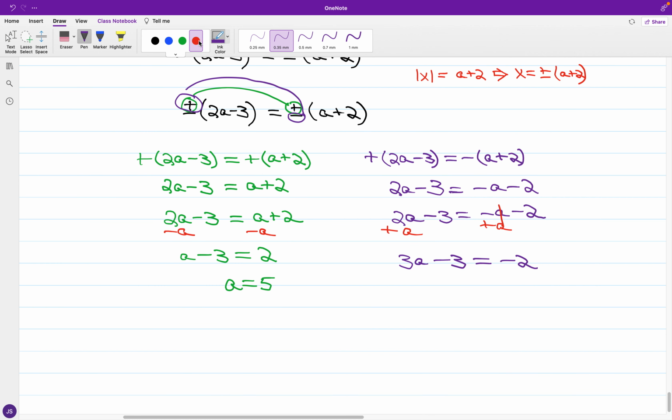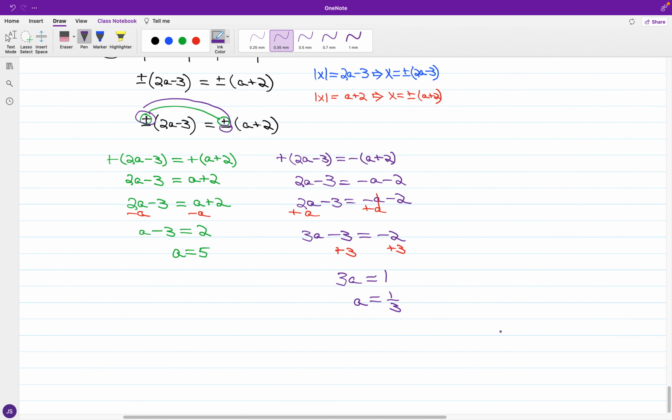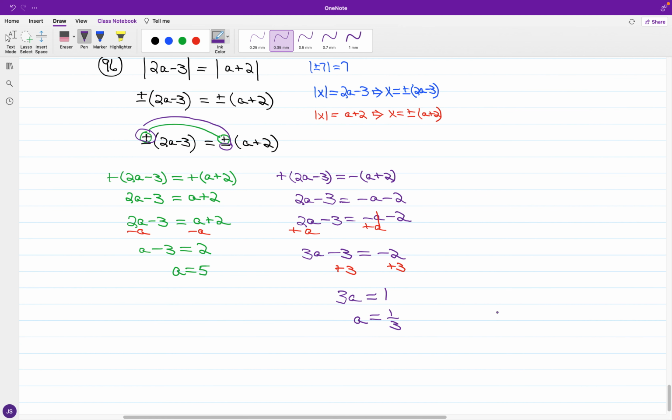Following through, if I add 3 to both sides here, we have that 3a is equal to positive 1, and with division by 3, we have that a is equal to 1/3.